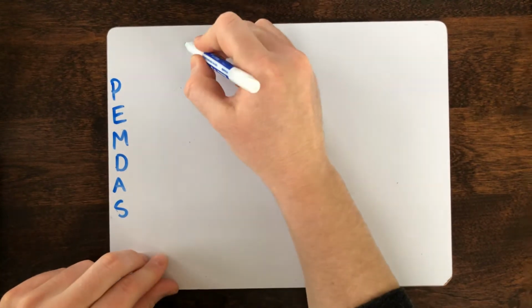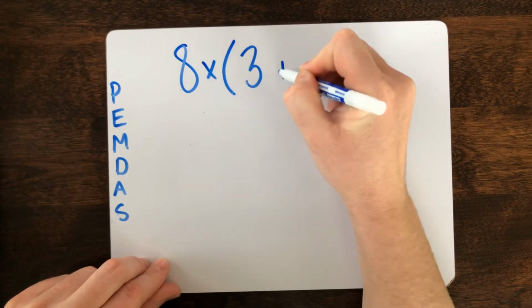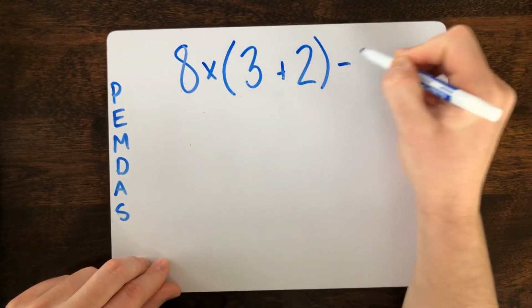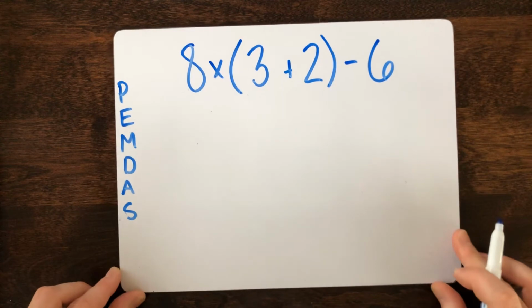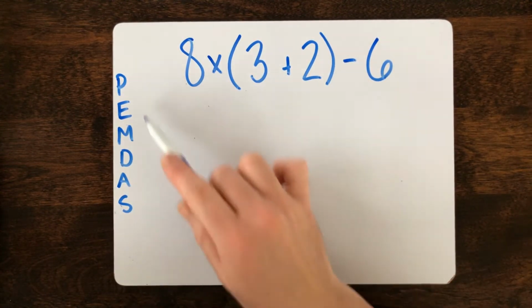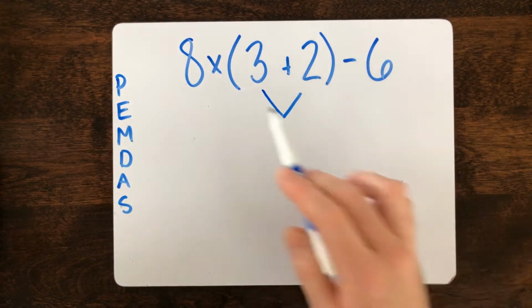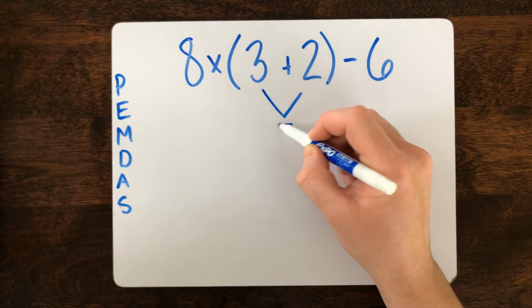Next one was 8 times parentheses 3 plus 2 minus 6. So again, the first thing I see are those parentheses. That is the first step of order of operations. So I'm going to draw my little caret. 3 plus 2, well, it's 5.